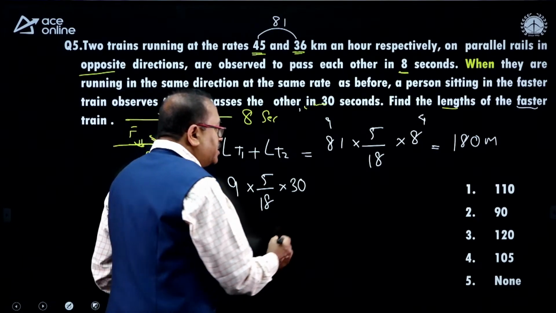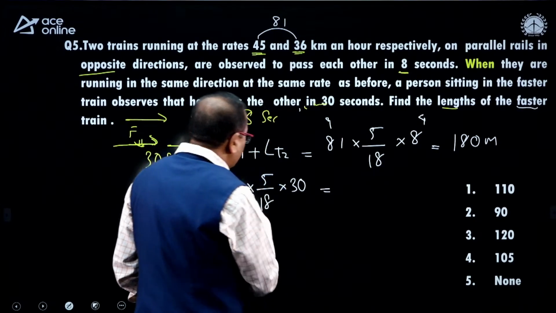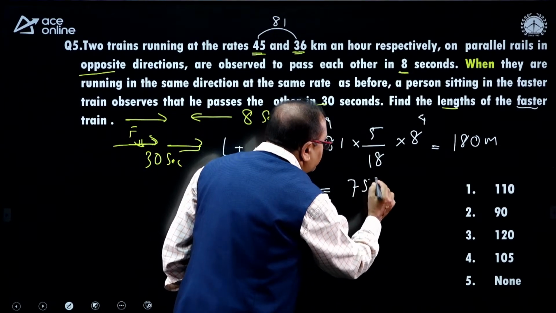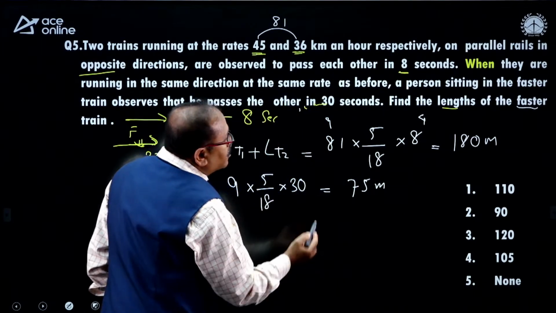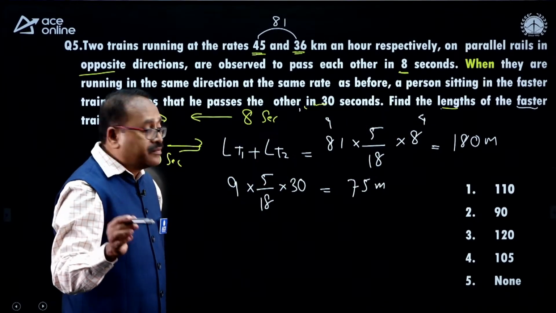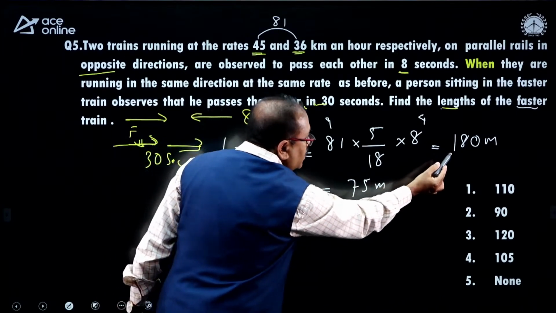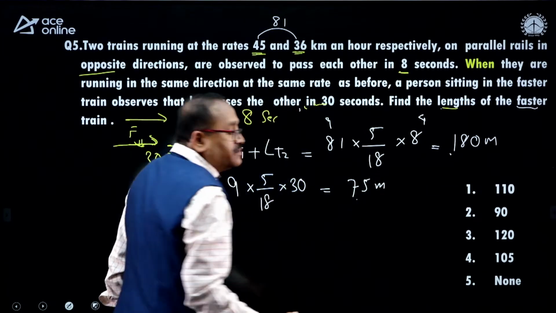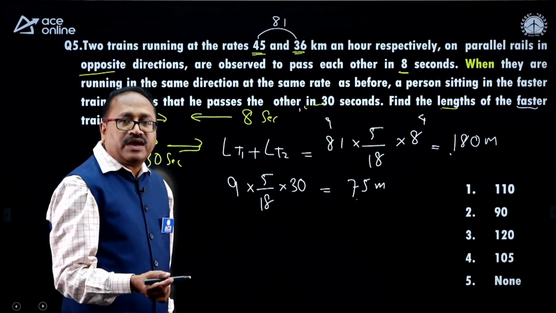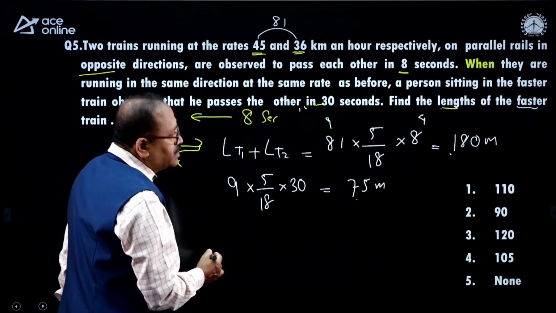Okay? Come on, my dear friends. So, here how much is it? 2 times 15 times 15, 5 is 75. This is 75 meter. But the length you have to find out is of the faster train. So, that length will be 180 minus 75. I know that is 105, no need of writing, just for your reference I am writing it.